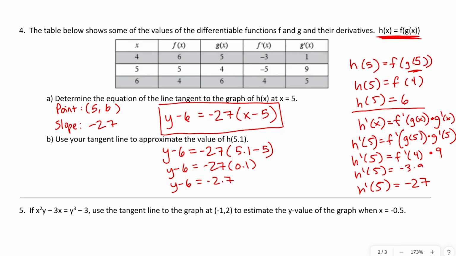If I add 6 to both sides, I'm going to get y equals 4 point, wait a minute, no. 6 minus 2.7 would be 3.3. So what we could say then is that h of 5.1 is approximately 3.3.